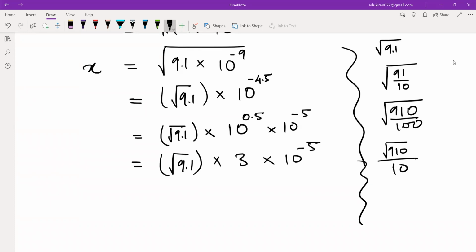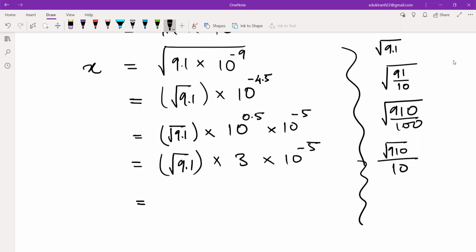Now you can do some hit and trial. So 910, what do you guys think? It will be near to what? 30, yes or no? Yes, 30.